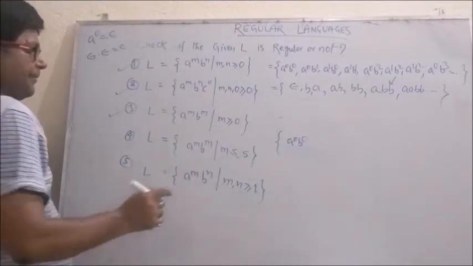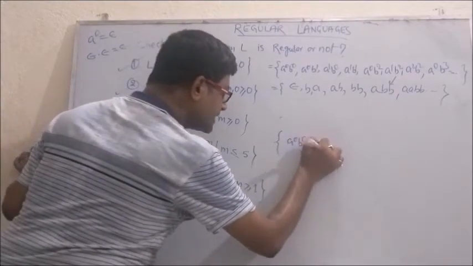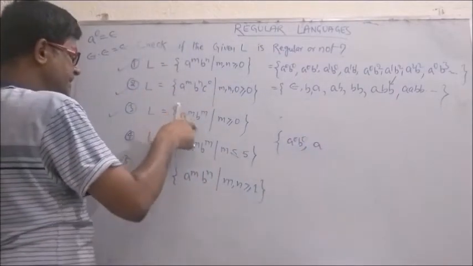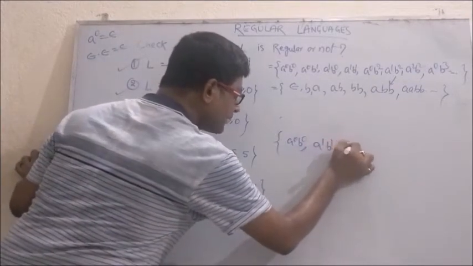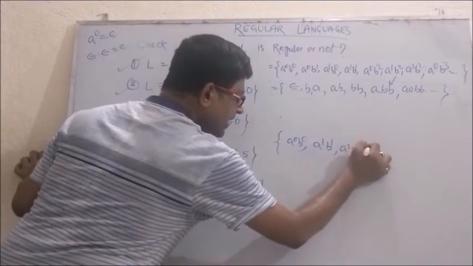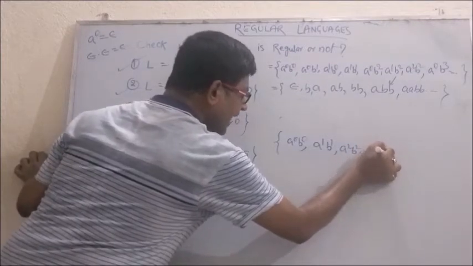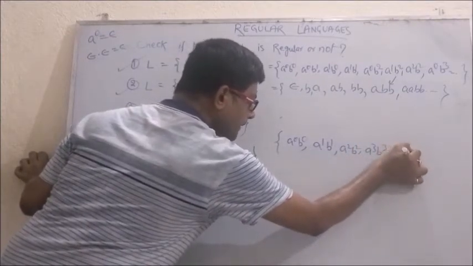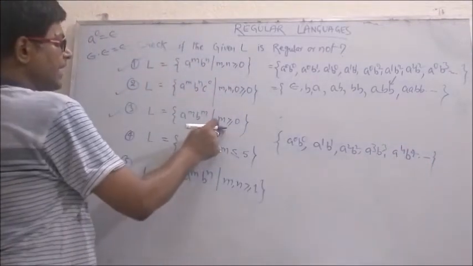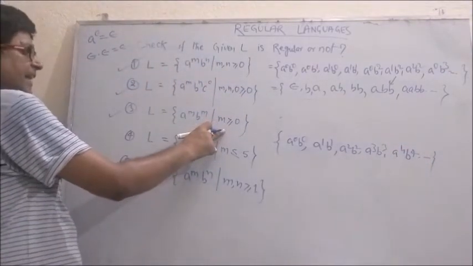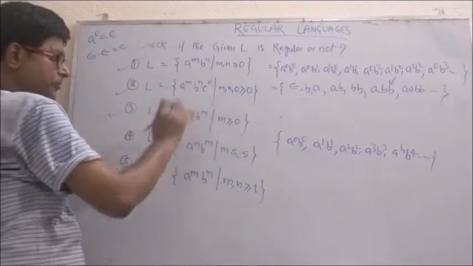The second will be, as per the instruction, A raised to M, B raised to N, that is A1 B1. Third will be A square B square, fourth one will be A cube B cube, and A4 B4, and it goes up to infinity. Why infinity? Because here it has been written that it starts from 0 and goes up to infinity.